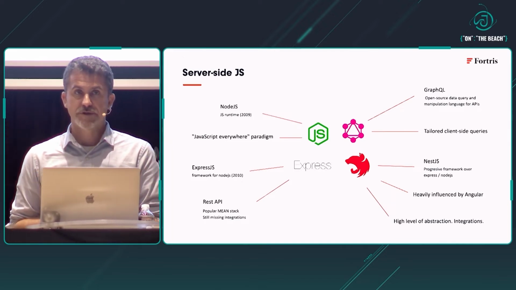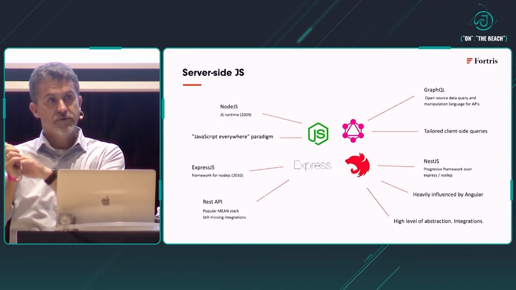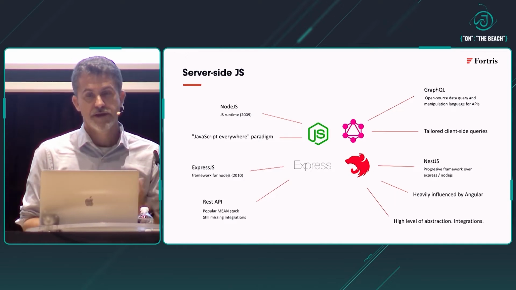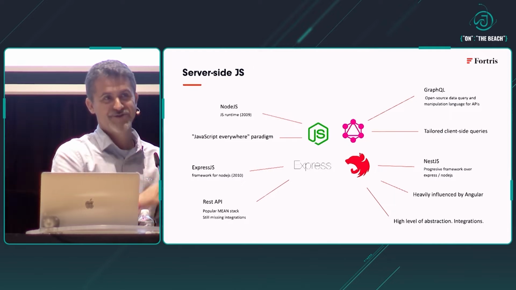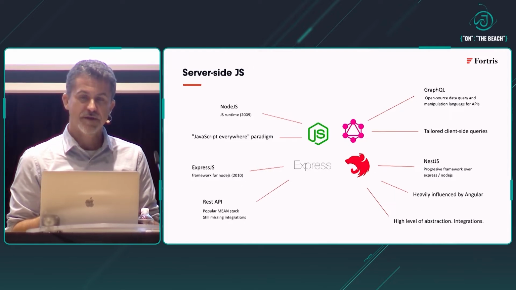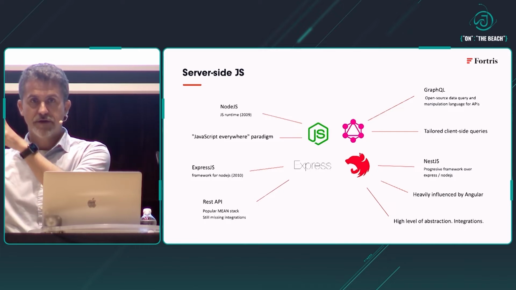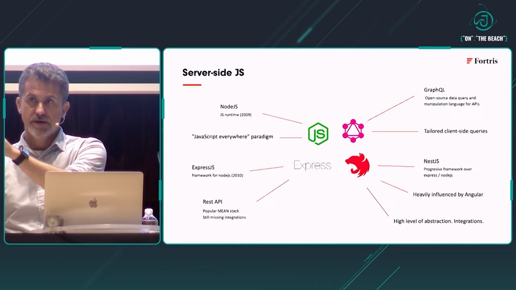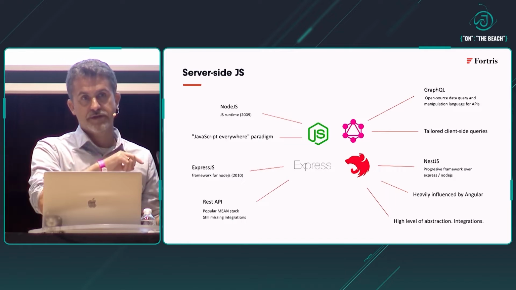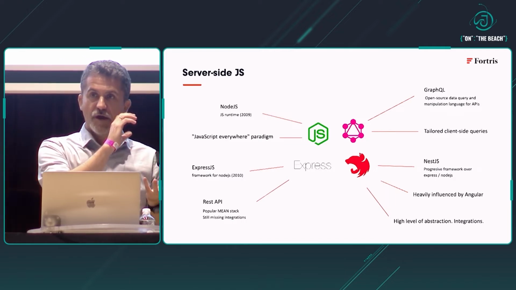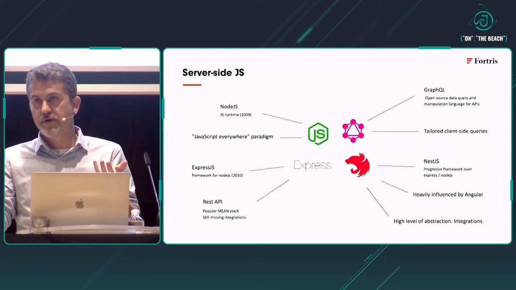In a REST API, you have an endpoint, you do the request, and you get a response, the whole package, to the client. Here with GraphQL, you can define in your server side your query, let's say with 20 fields, but you have the possibility in the client side to define custom-made queries based on the previous one.